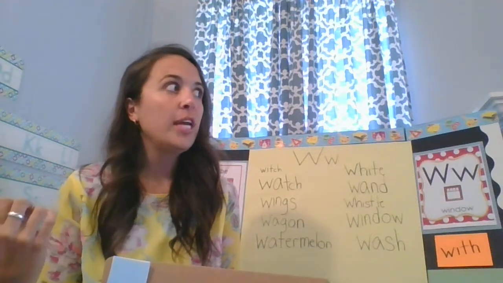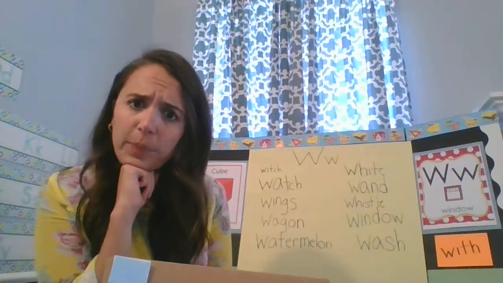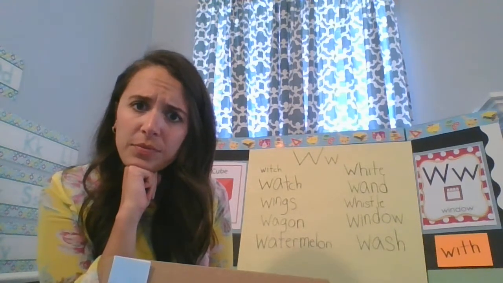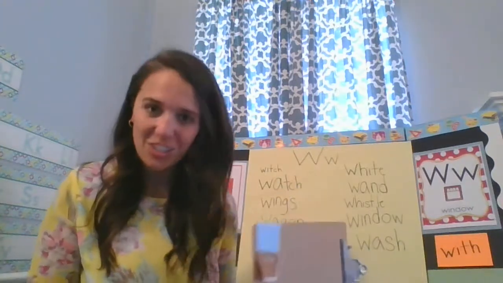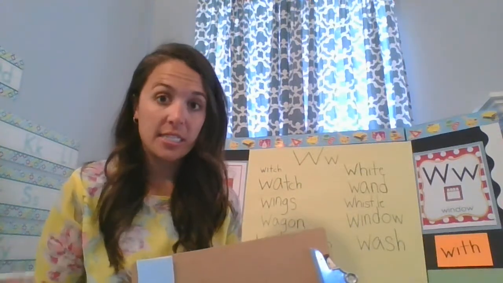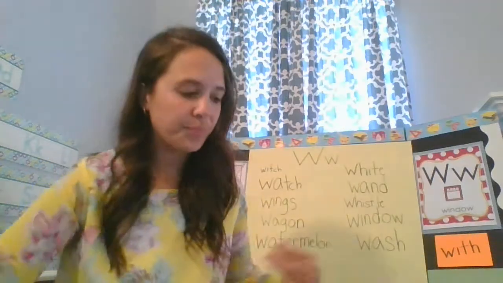When you put it in the soil, does it just grow on its own, or does it need some things? It needs water and sunshine. And if it has water and sunshine, this little seed is going to sprout and have some roots.